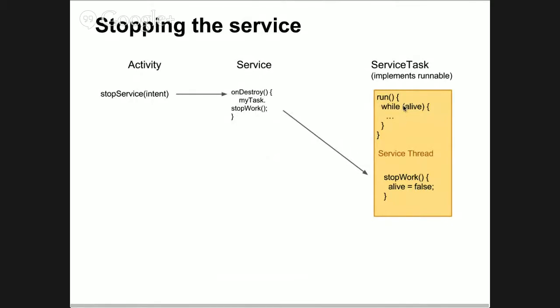So essentially, I set alive equal to false without holding any lock, because as I told you, I can change Boolean values without worrying about synchronization. And so I never kill a thread. As I told you last time, I just tell the thread that it should finish, and the thread will be kind enough to finish.